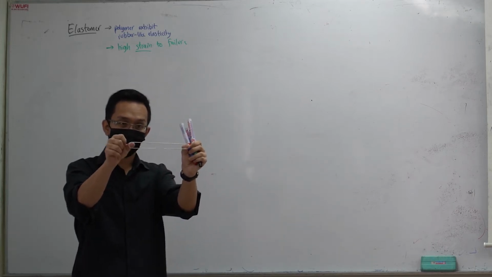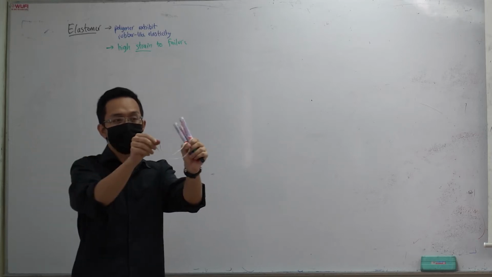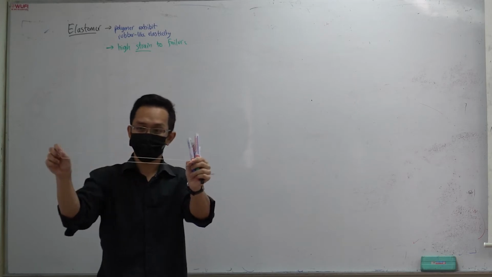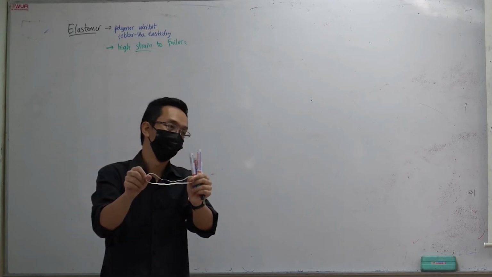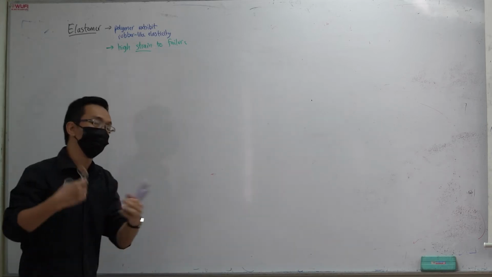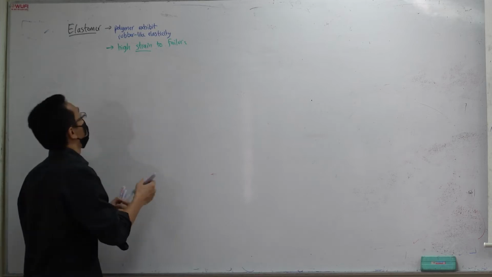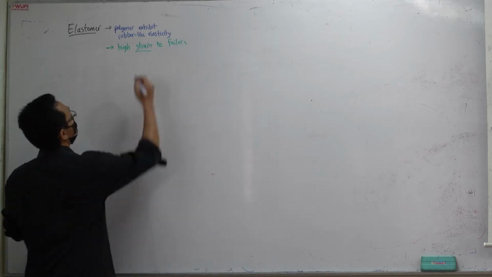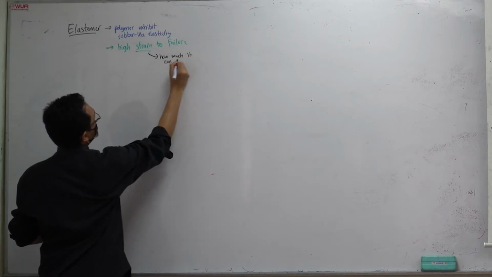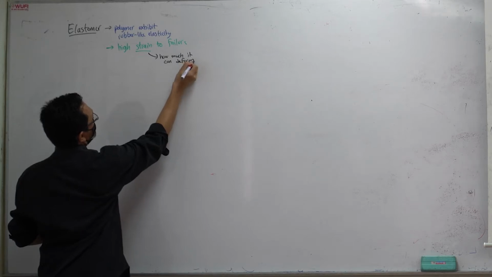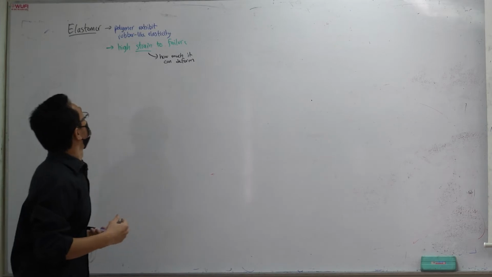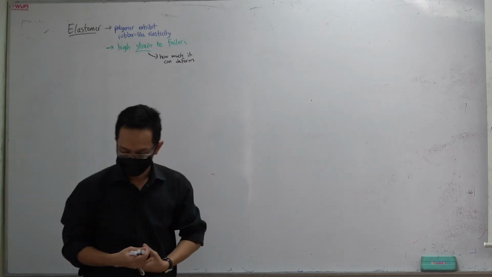For example, it can deform more than its original length, meaning more than 100% of its original. So elastomers typically have a strain of more than 100%. So that is basically the definition of elastomer.